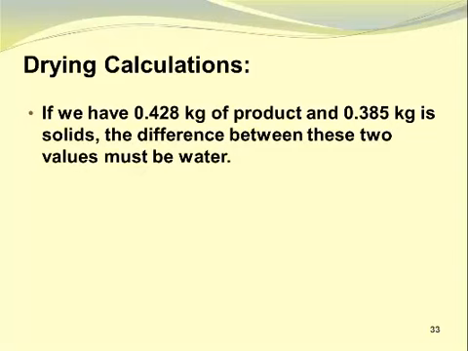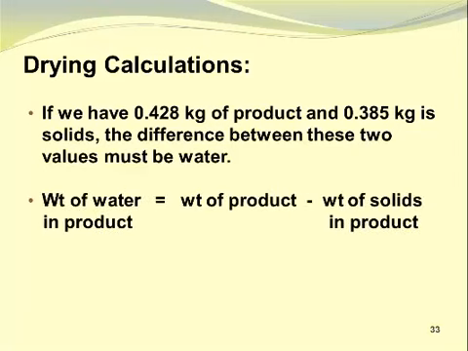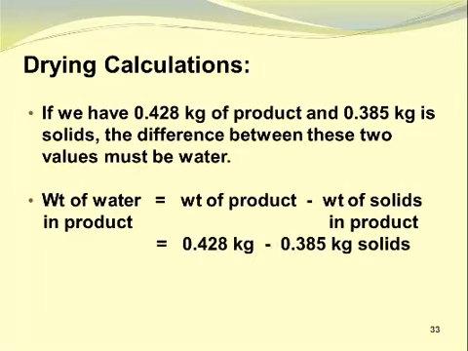If we have 0.428 kilograms of product and 0.385 kilograms of this is solids, then the difference between these two values must be water. So we have this equation: the weight of the water in the product is equal to the weight of the product minus the weight of the solids in the product.